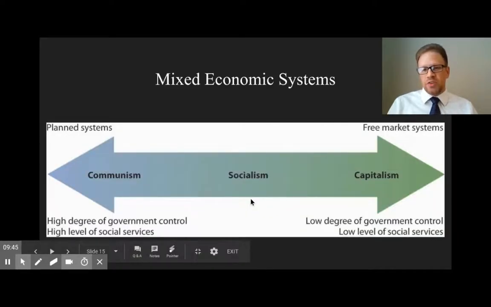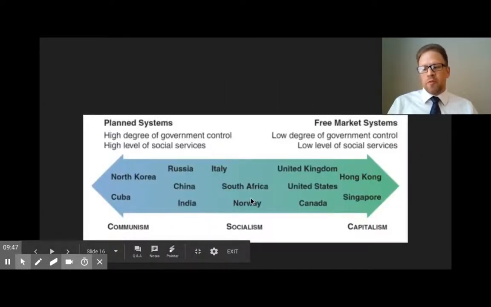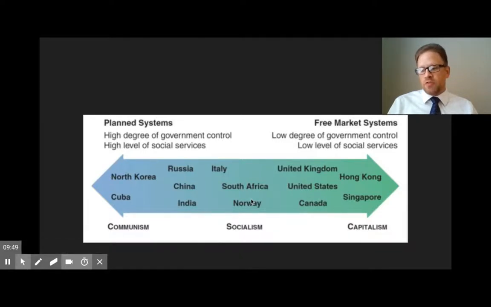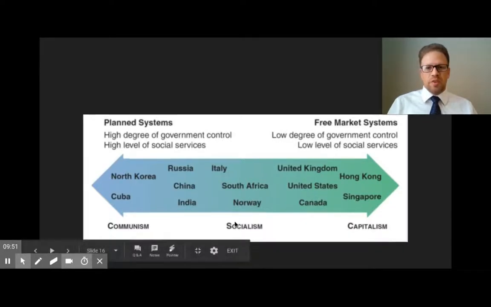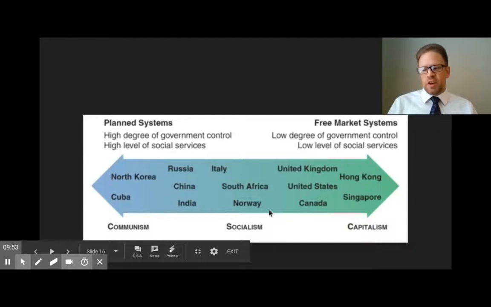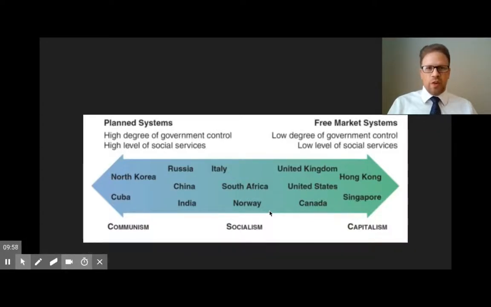Through high taxes, the government provides many services for all citizens. So places that are considered more socialist are going to have things like universal health care, public education that goes beyond just lower grades, but also college.